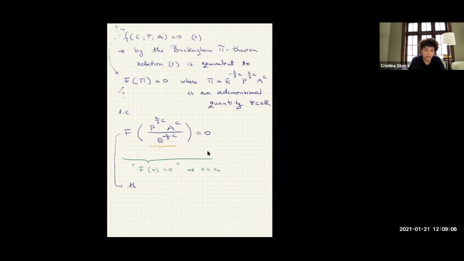Our main assumption is that this equation has at least one root.